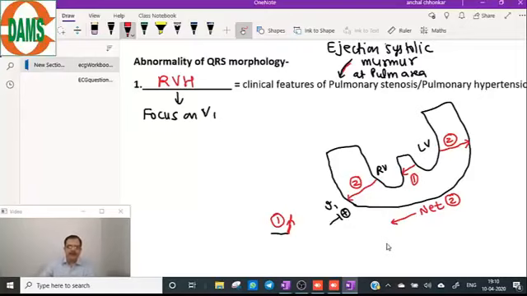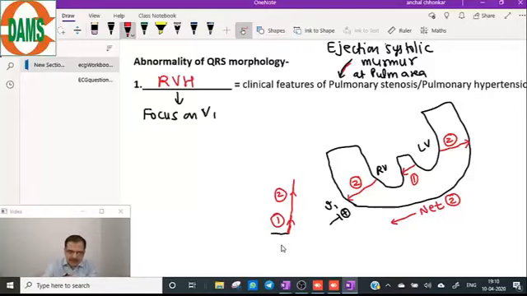So what will happen? The needle will deflect further upward. The number two deflection will be further upward because the depolarization, or the positive charge, is coming towards V1. Unlike the normal scenario, in which the second vector went downward in V1, here it goes upward.